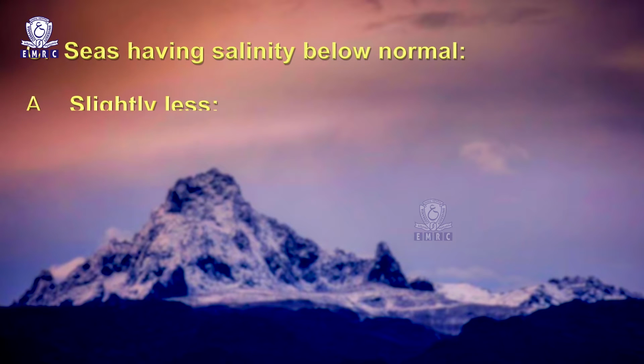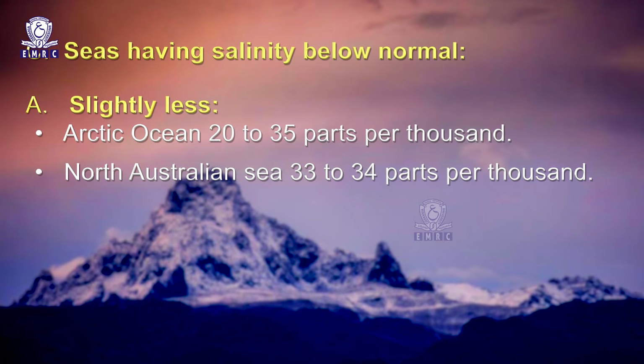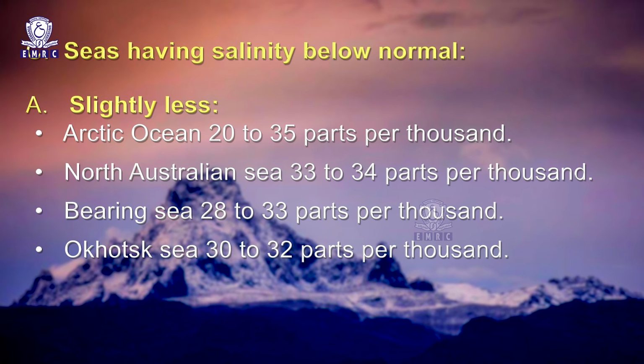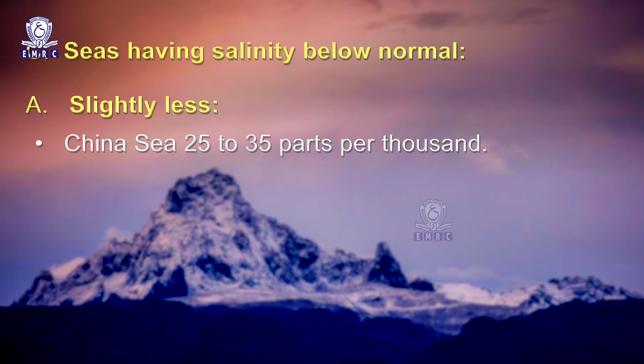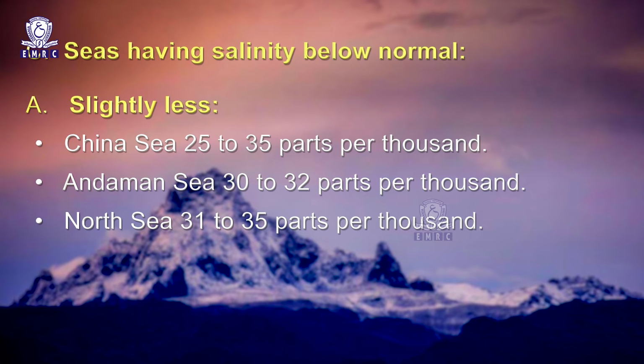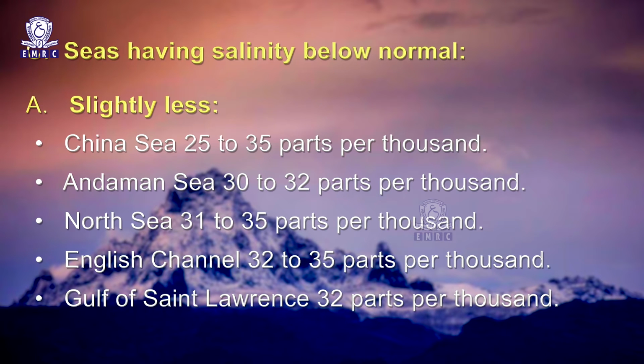Seas having salinity below normal: slightly less, Arctic Ocean 20 to 35 parts per thousand, North Australian Sea 33 to 34 parts per thousand, Bering Sea 28 to 33 parts per thousand, Okhotsk Sea 30 to 32 parts per thousand, Japan Sea 30 to 34 parts per thousand, China Sea 25 to 35 parts per thousand, Andaman Sea 30 to 32 parts per thousand, North Sea 31 to 35 parts per thousand, English Channel 32 to 35 parts per thousand, and Gulf of St. Lawrence with 32 parts per thousand.